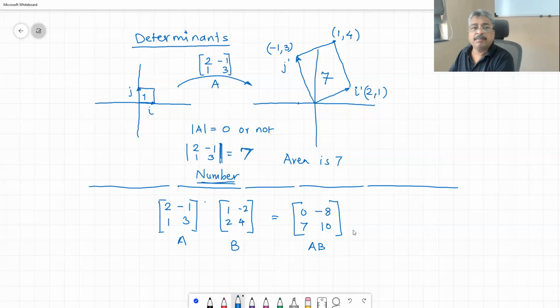I'm just making some observations. We will prove it eventually, but right now it's only an observation. So A into B matrix multiplication is performed. Now the determinant of A is equal to 7. The determinant of B is 4 plus 4, 8.